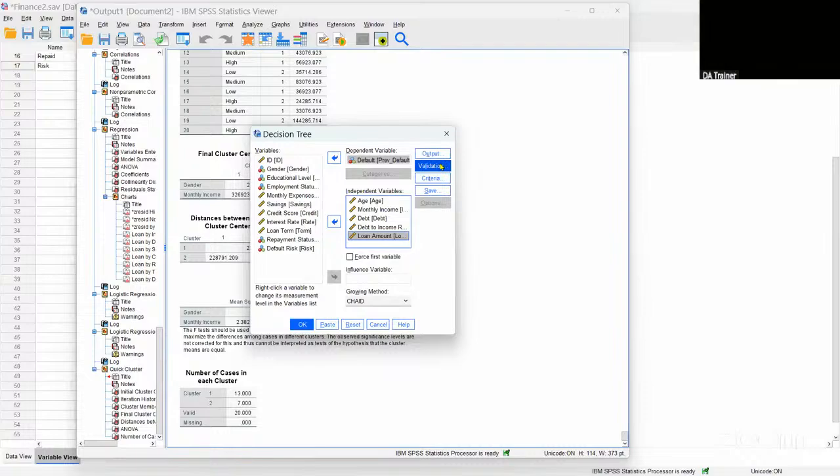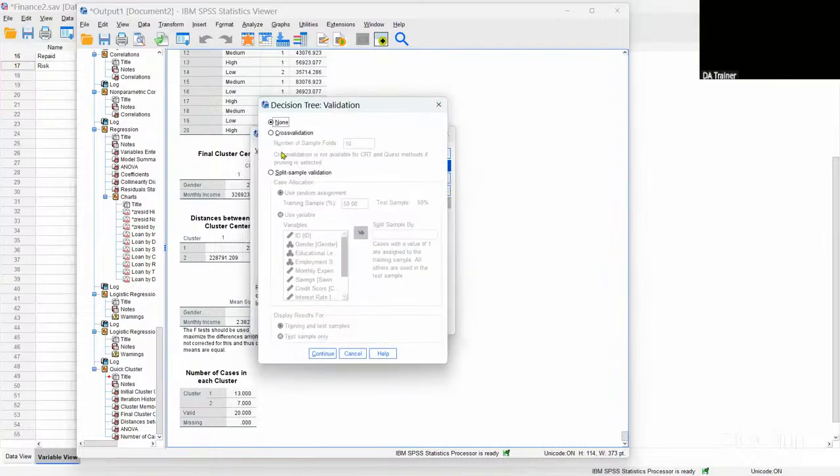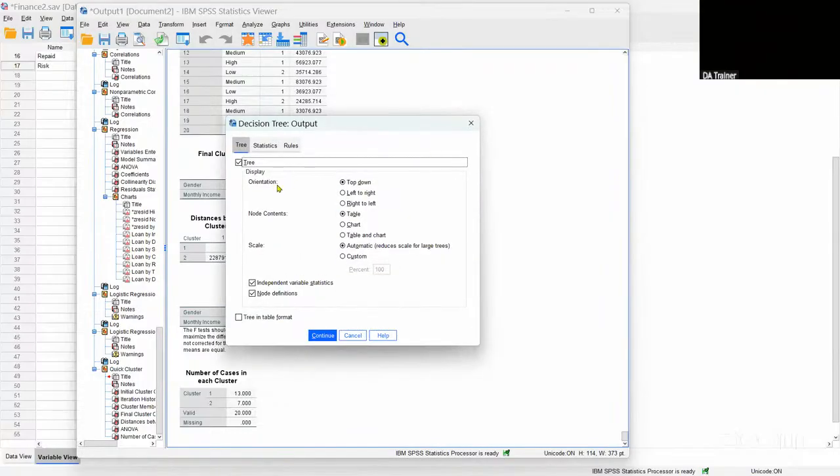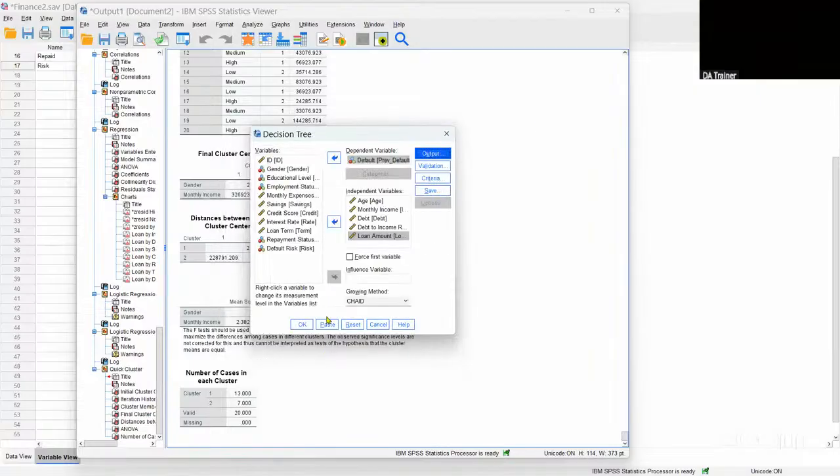Then let me see validation here. Okay, everything is okay by me. Okay, 3 in a table format. Let's see the normal tree first. If the normal tree is okay by us, then we'll go with that.